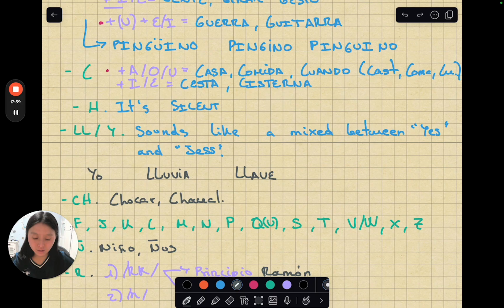So, cesta, basket, cisterna, that thing that you push whenever you pee. Easy, right? Casa, comida, cuando, cesta, cisterna. It's exactly like in English, so you don't have to overthink it. The less you think about it, the easier it is.